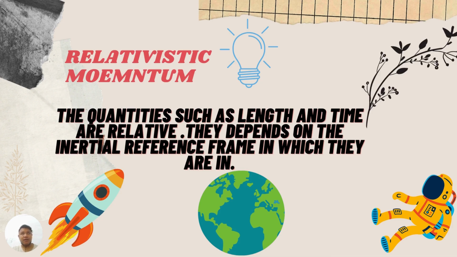For example, if we have a stationary inertial reference frame, let's suppose the Earth, and a moving reference frame, let's suppose a spaceship moving at a very high constant velocity, the length of an object or the time elapsed for an event within those two inertial reference frames will differ. This is known as time dilation and length contraction, and these quantities are known as relativistic quantities.